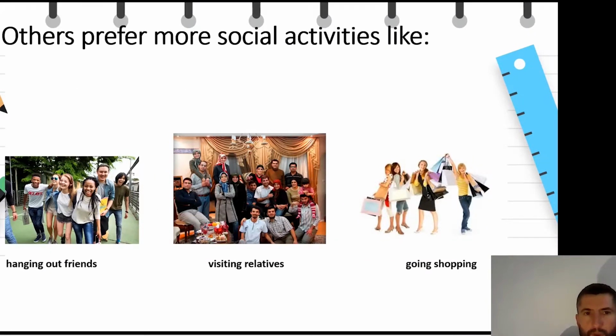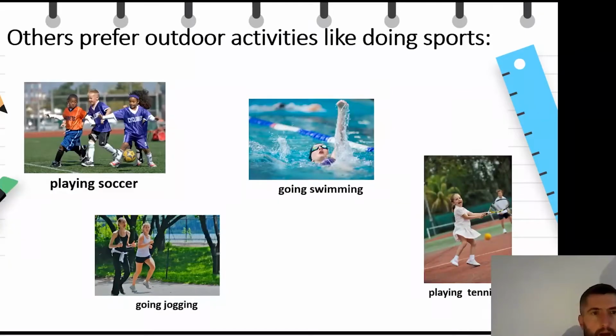Others prefer more social activities like hanging out with friends, visiting relatives, going shopping. Other people prefer more outdoor activities like doing sports, for example, playing soccer, going jogging, going swimming, playing tennis, etc.